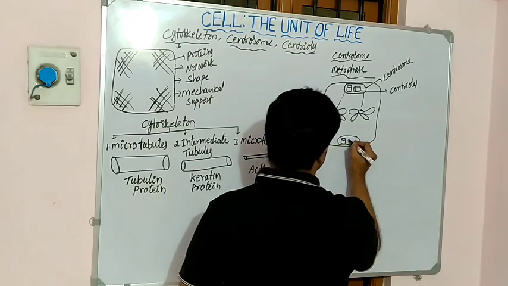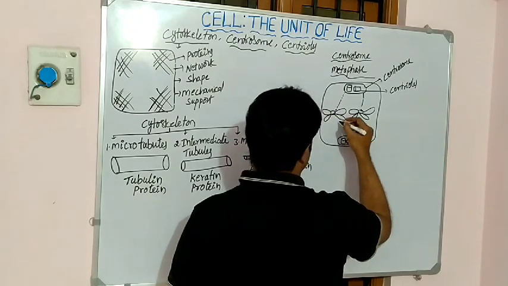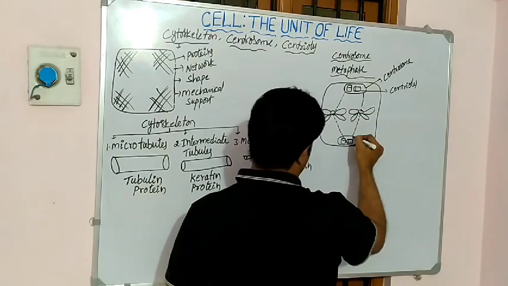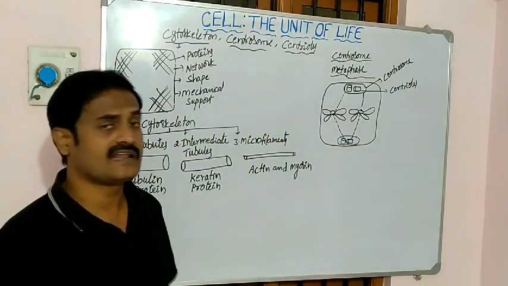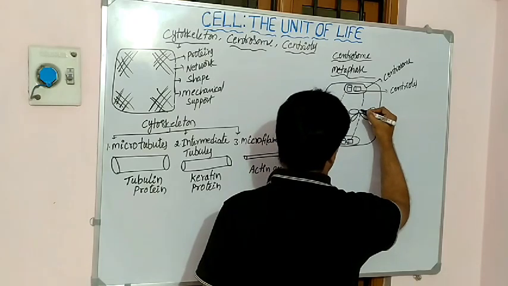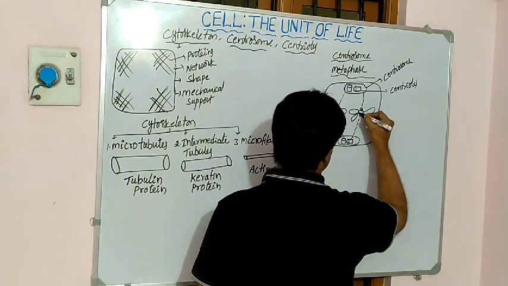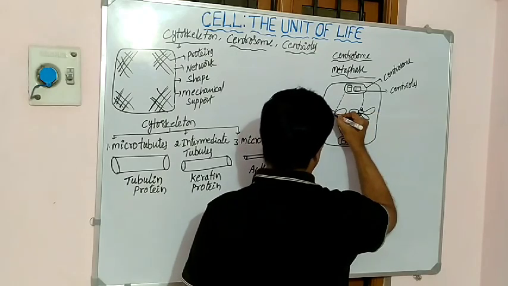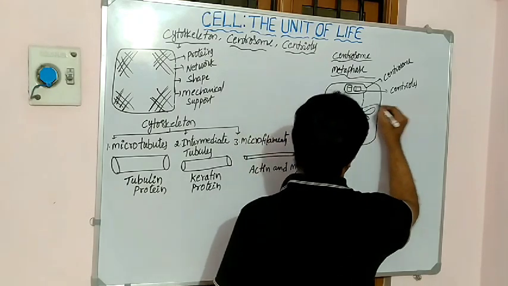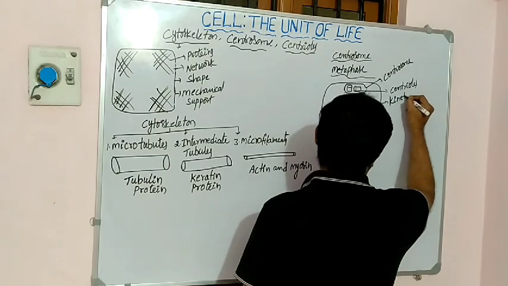These fibers are attached on the chromosome, where one structure is present already. This structure is called kinetochore.